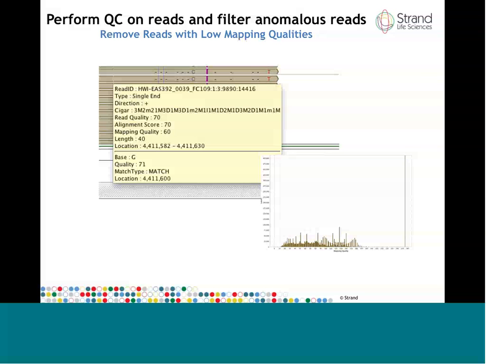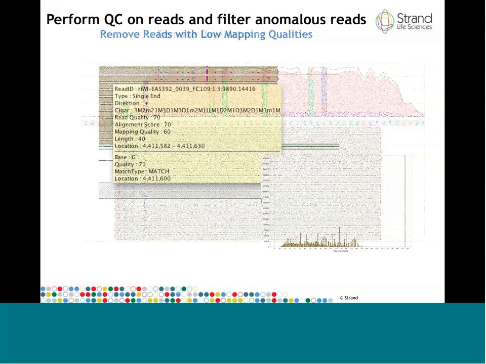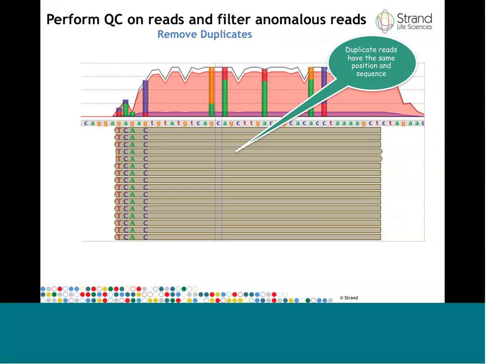The last QC on reads that you want to do is to remove duplicates. Here, for instance, you see a collection of reads, all of which have the same sequence and the same start and stop location. These are all probably sequencing the same end of the same fragment, and so we call these duplicate reads.